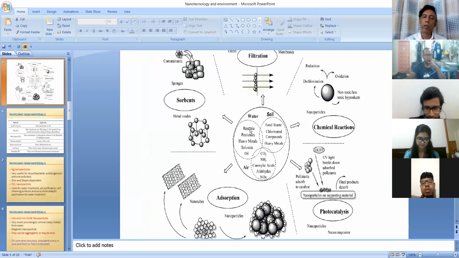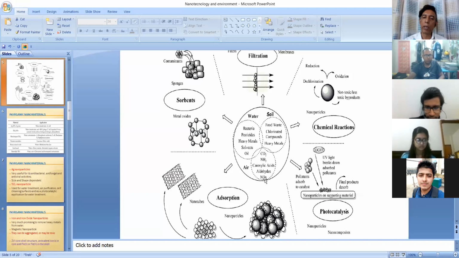In water, you have bacteria, pesticides, heavy metals, solvents, oils. In soil, you have food waste, chlorinated compounds that are very risky for us. You have heavy metals. In air, you have carbon dioxide, ammonia, carboxylic acids, acetaldehyde, NOx, SOx, etc.